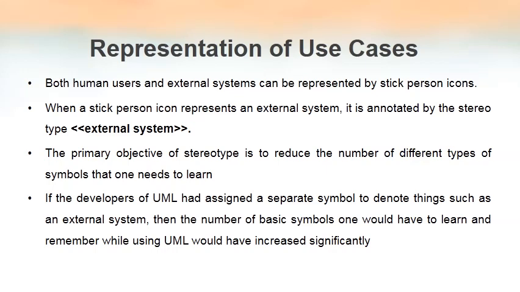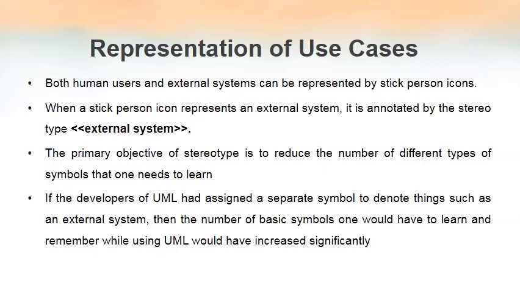If we provide a symbol for each and everything, there will be so many symbols that we have to remember when we draw the diagram. Also, the users will have to study the meaning of each and every symbol. So as the number of symbols increases, the complexity increases. In order to avoid that, UML provides stereotyping. So stereotyping means a list which shows what all things will be represented by each symbol.